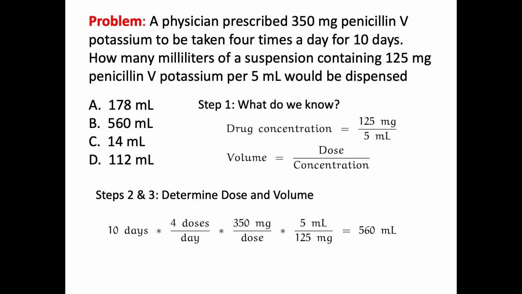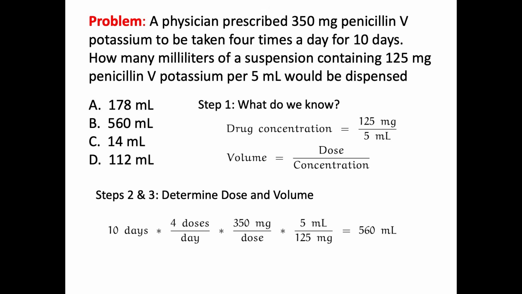All right? Now I'm in doses. But I want to convert now from doses to milligrams. If I need 40 doses, how many milligrams do I need to provide all those doses? Well, I know each dose is 350 milligrams. So if I multiply by 350 milligrams per dose, dose cancels, and 40 times 350 would be the number of milligrams that I need total. So I'm almost there, but I don't want a dose.